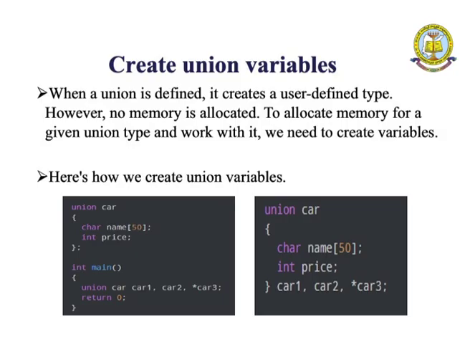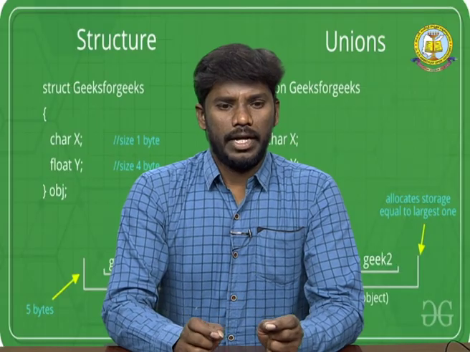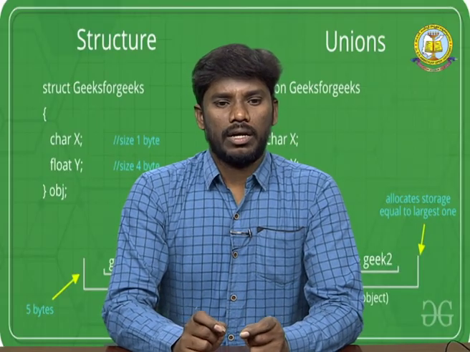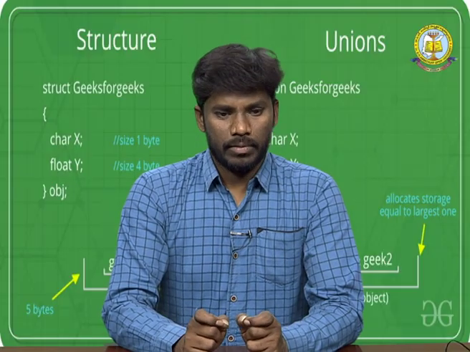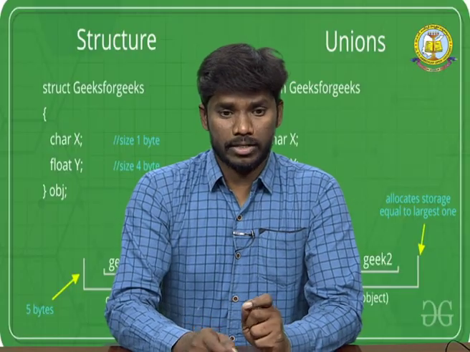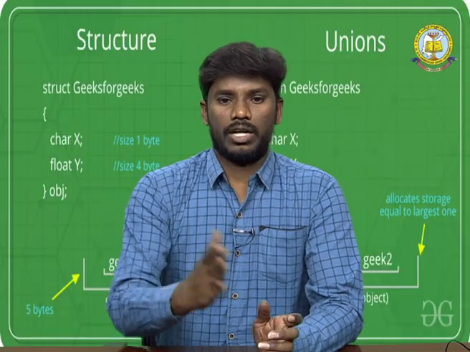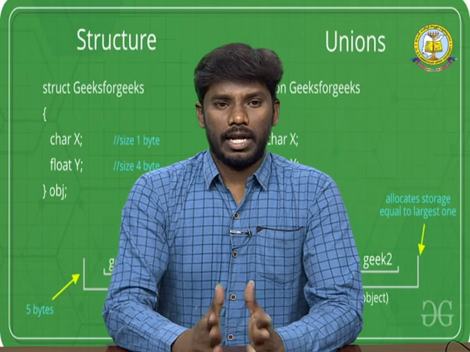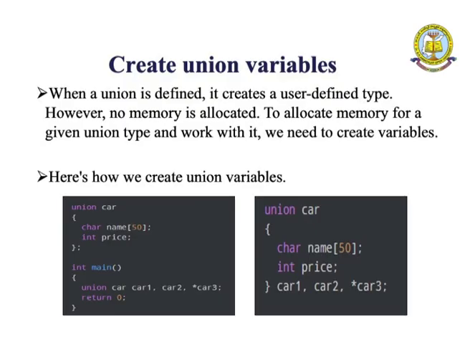So, I have declared the union variables in the main function: int main, union car, that is the union name, car1, car2 and *car3, where the star indicates a pointer. The other way to declare is along with the union definition: union car, name 50, int price. Here I am creating the variables car1, car2, *car3. These two ways we can create union variables.